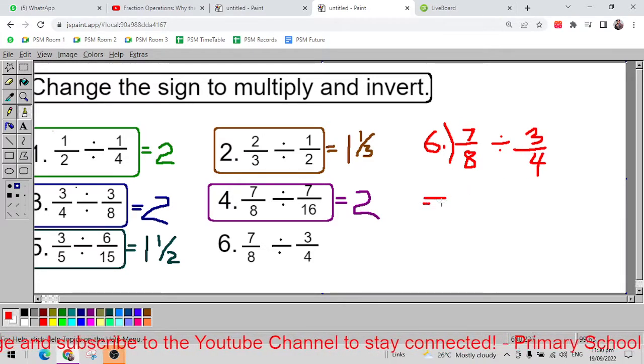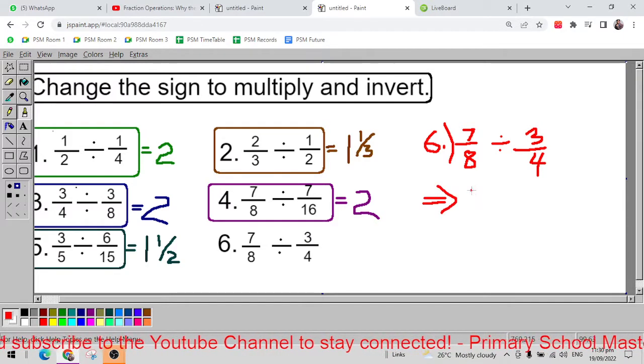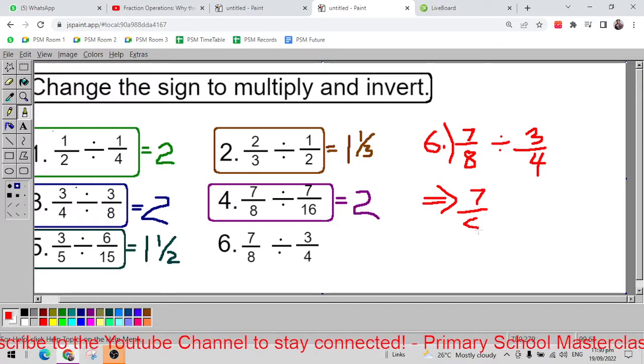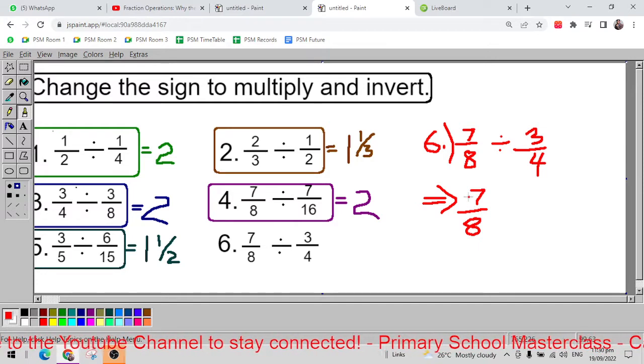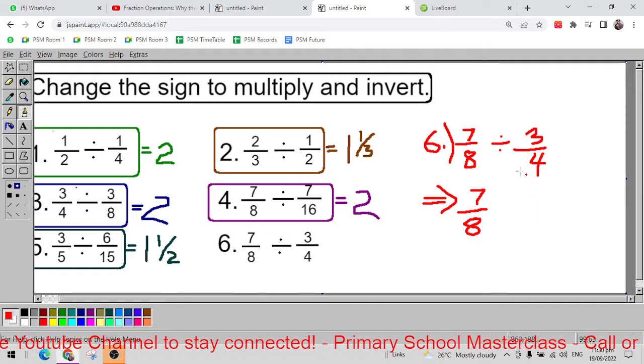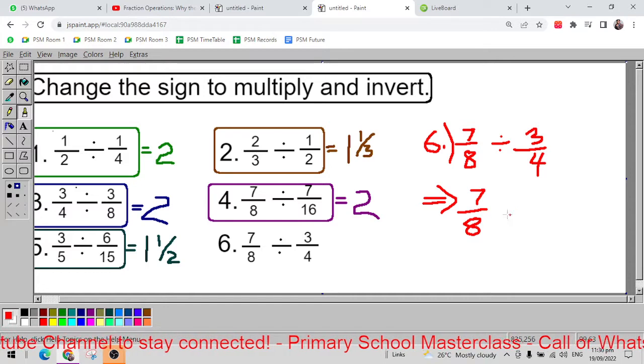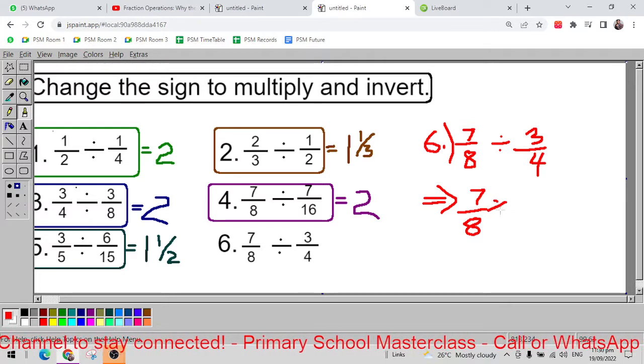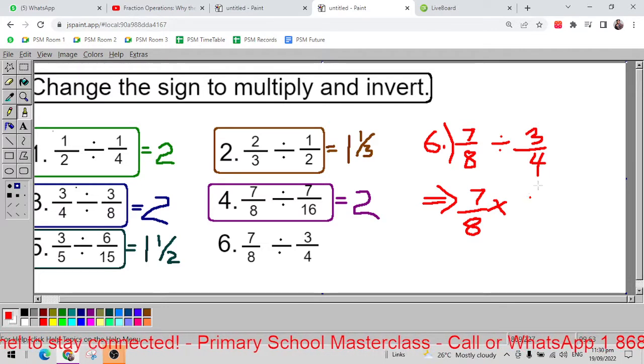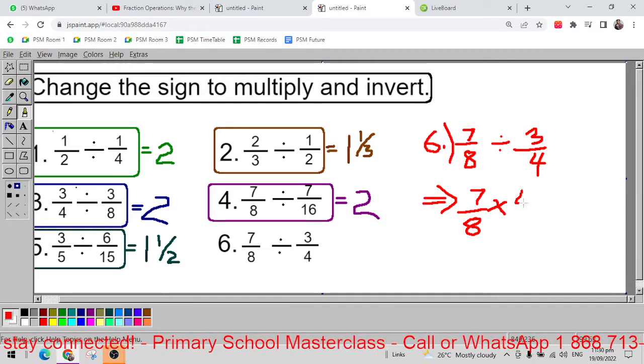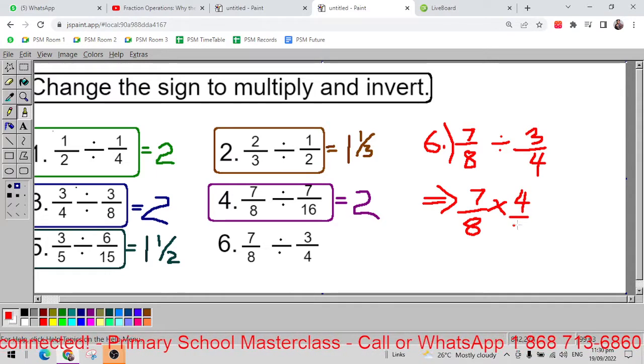I'm going to put my little arrow here. 7/8. Now we're going to do the magic. So I'm going to change the sign to multiply. That division sign becomes a multiplication sign, and flip or invert 3/4. That's going to become 4/3.